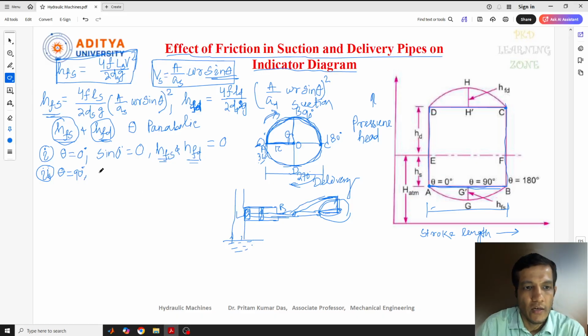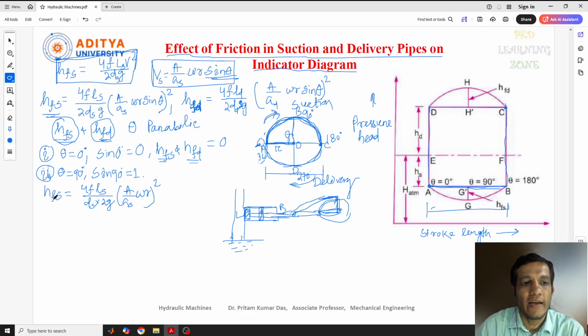At this position, again we need to find the value of sine 90. Sine 90 degree is 1. So once we have sine 90, we can put the value in this equation. So what will we find here? HFS will be 4f LS divided by ds into 2g, and in the bracket we'll write A by a_s times omega r, squared.